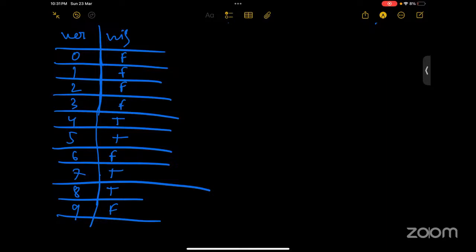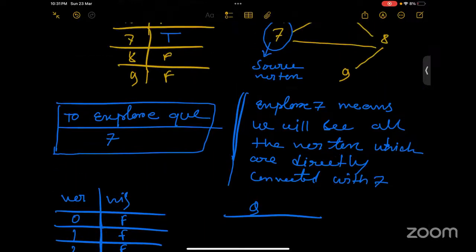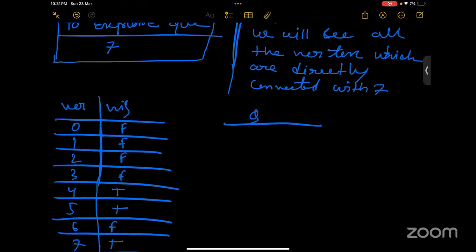So what will be the queue then? 7 is done, so we exclude 7 and include 4, 5 and 8. That means we have to visit 4, 5 and 8. This is our next step.